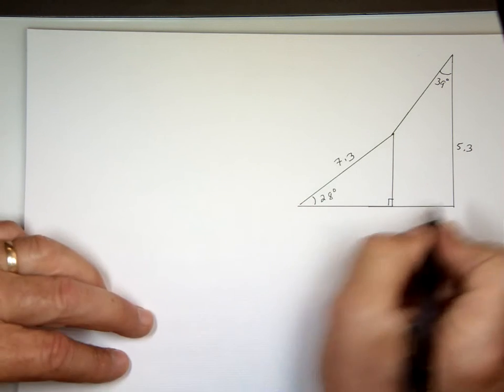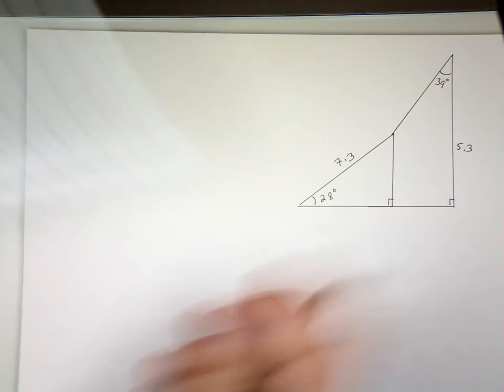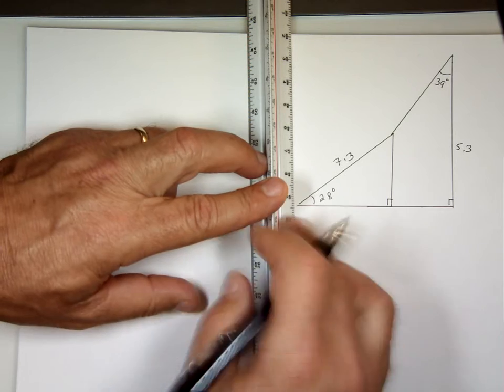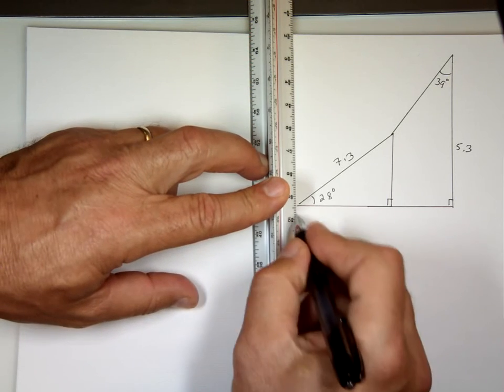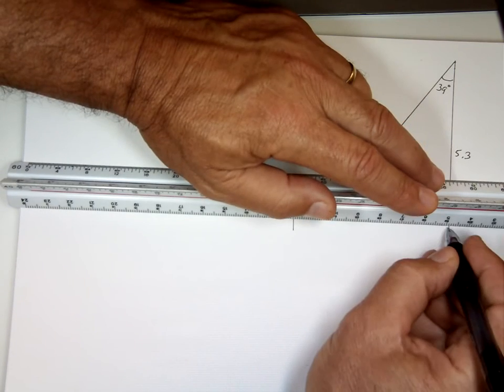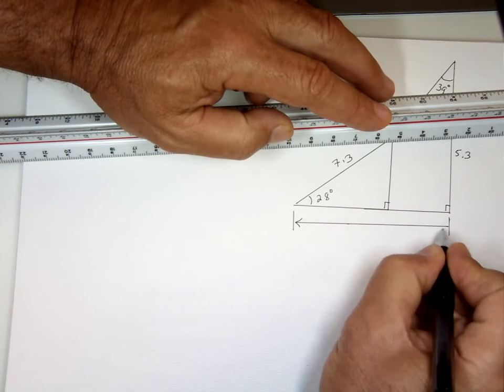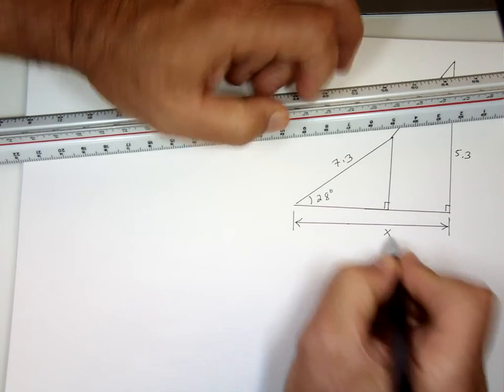This is also 90 degrees. And I want to find what is the length of that piece from here to there. Let's call that distance x. What's the length of that?